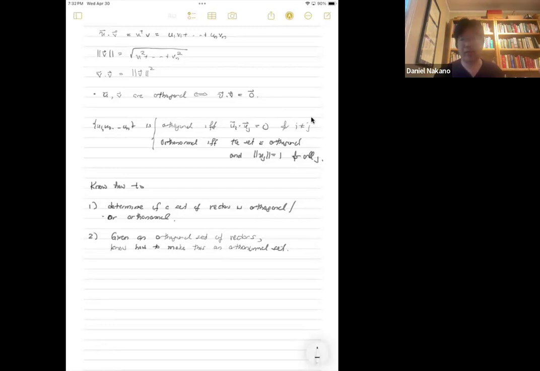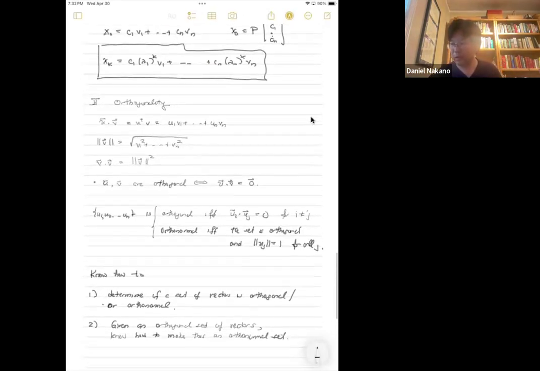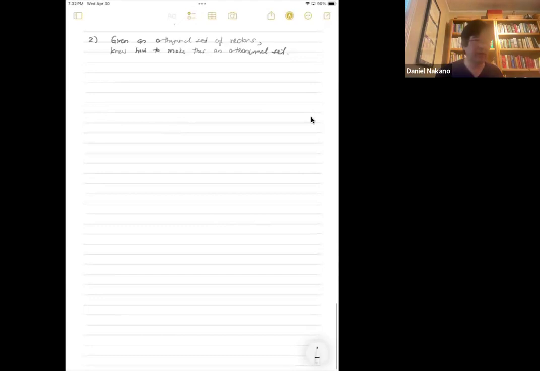All right. Now, the next important concept we had was the concept of orthogonal projection. So let me list that as 3.